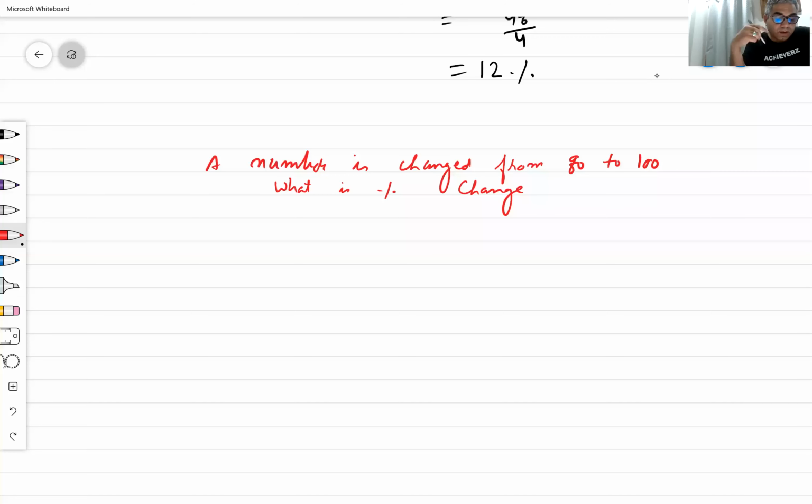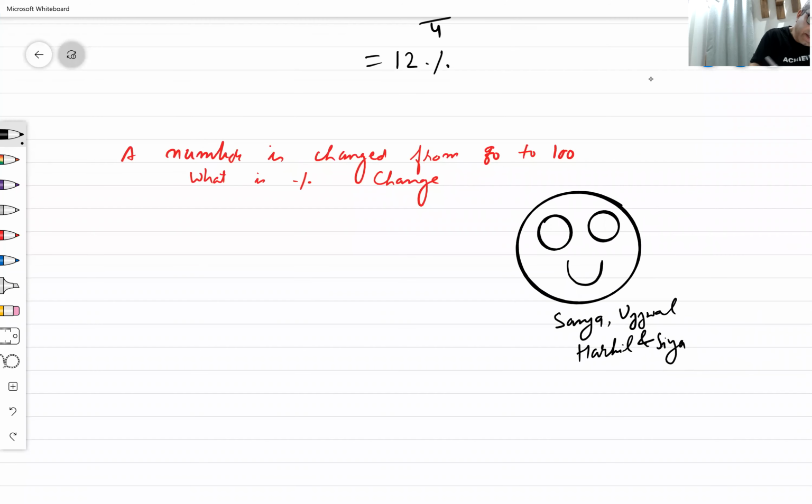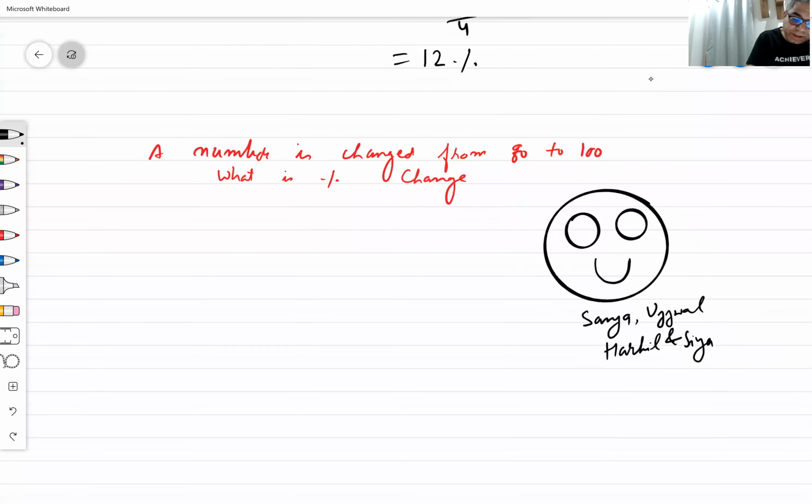Okay, the question is: a number is changed from 80 to 100. What is the percentage change? How will we do it? 80 to 100, what is the change?